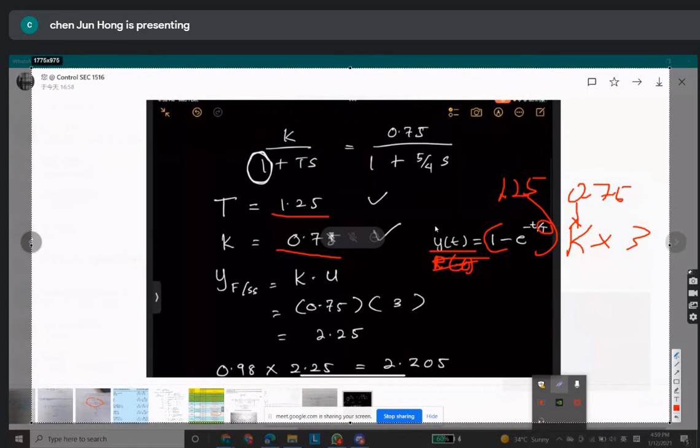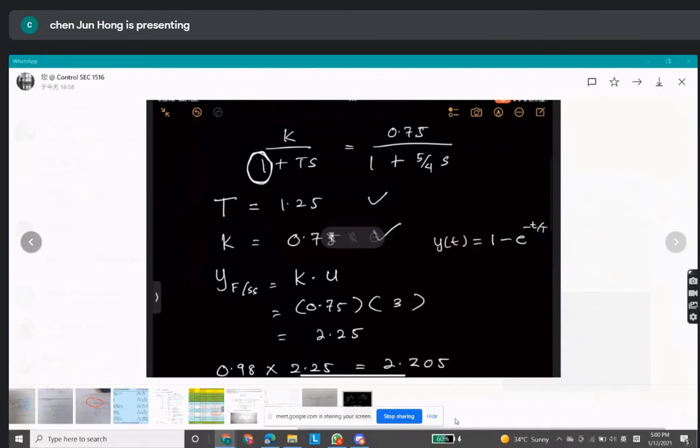And then dia bagi itu YT equal to 0.98. Oh, okay. So yang ni kami akan darab dengan itu K plus tiga ni. Jadi itu steady state punya YT. Okay, faham. Alright.